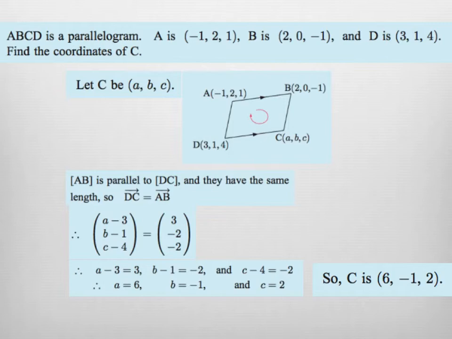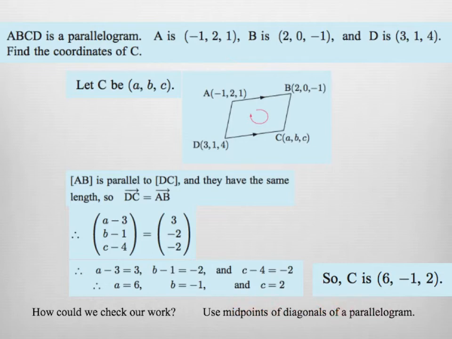Okay, and just something else for you to think about to verify your method. You could check your work by using the midpoints of the diagonals of a parallelogram. Remember that a parallelogram's diagonals will bisect each other.